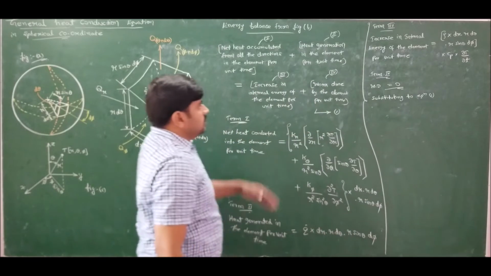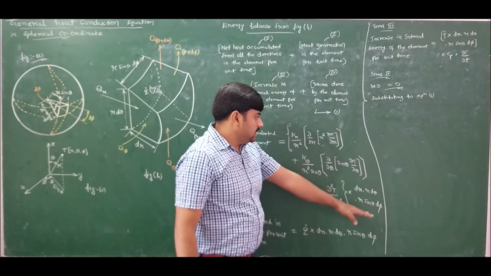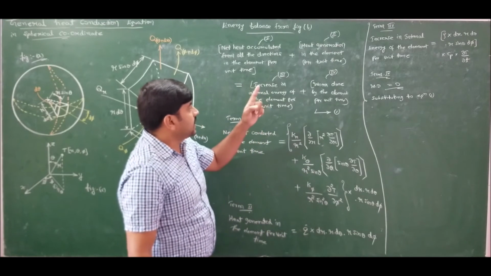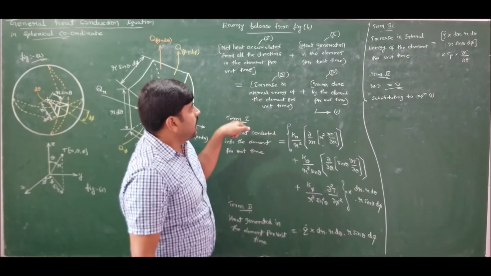I will take the volume, dr, r dθ, r sinθ dφ, common throughout, and I will cancel it with the common factor on the LHS and RHS.